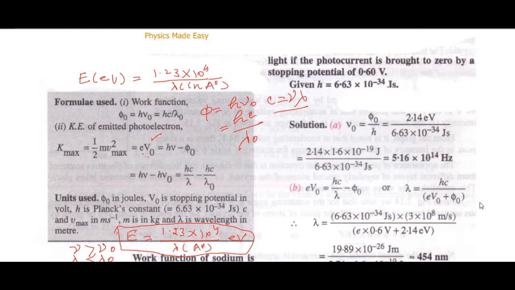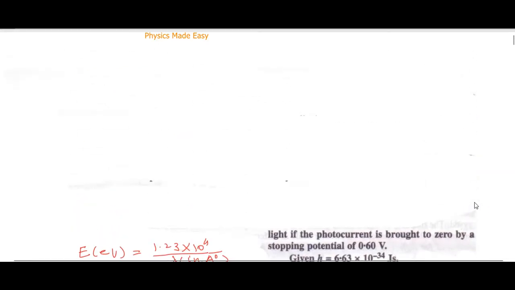He has given us the stopping potential, 0.60 volt, and the energy corresponding to this is 0.60 electron volt. So this is K max, or E max. We write kinetic energy by this. So K max is given to be 0.60 electron volt.